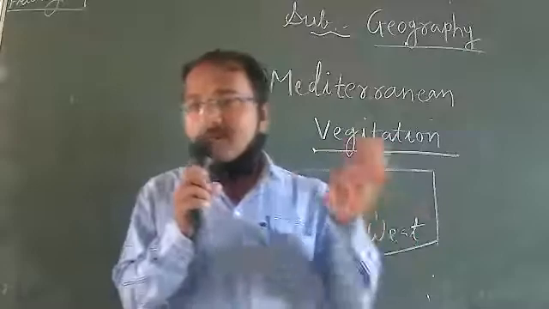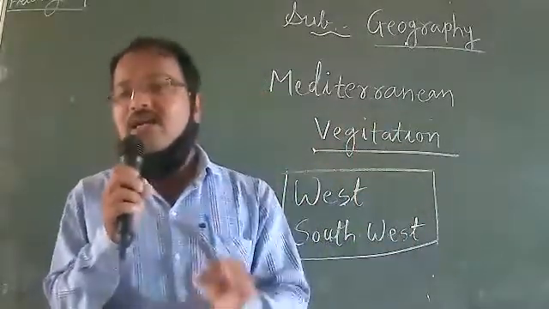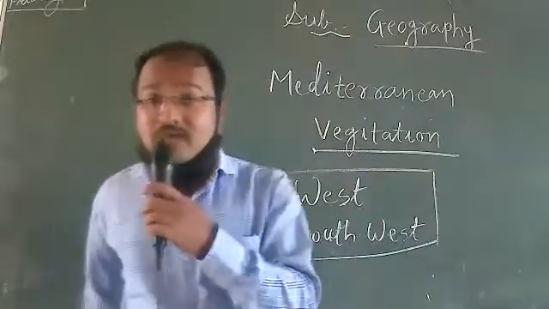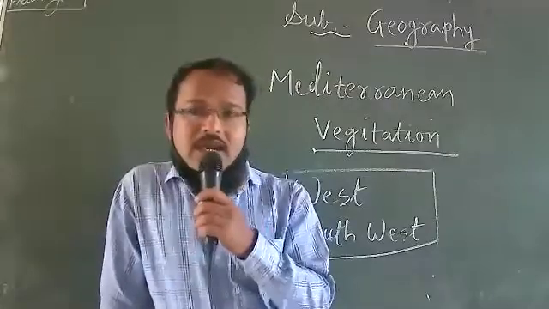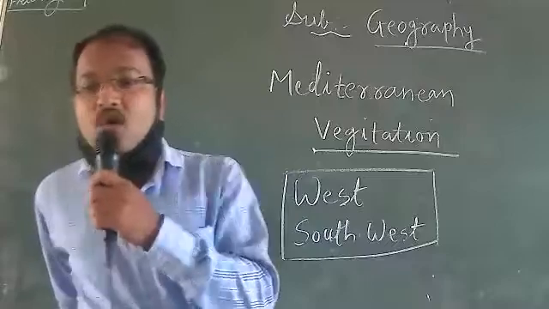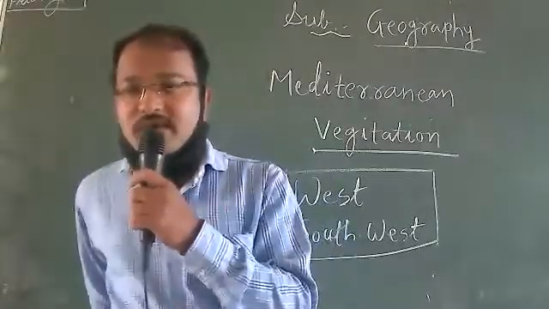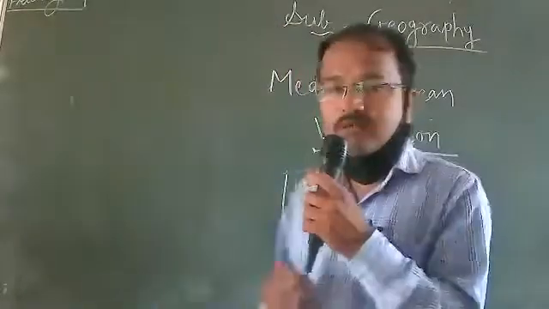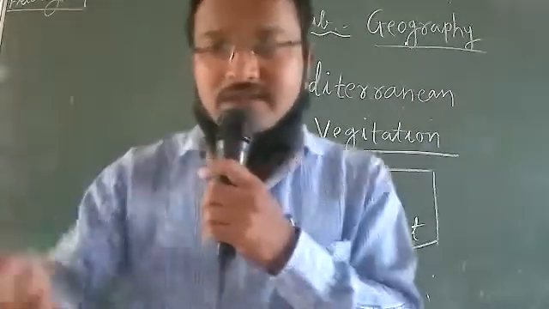Cedar trees, pine trees, chir trees. And which types of wildlife are found here? Silver fox, mink, then polar bear are the common animals found here. So that is about coniferous forest. Now we will discuss Mediterranean vegetation and coniferous forest.